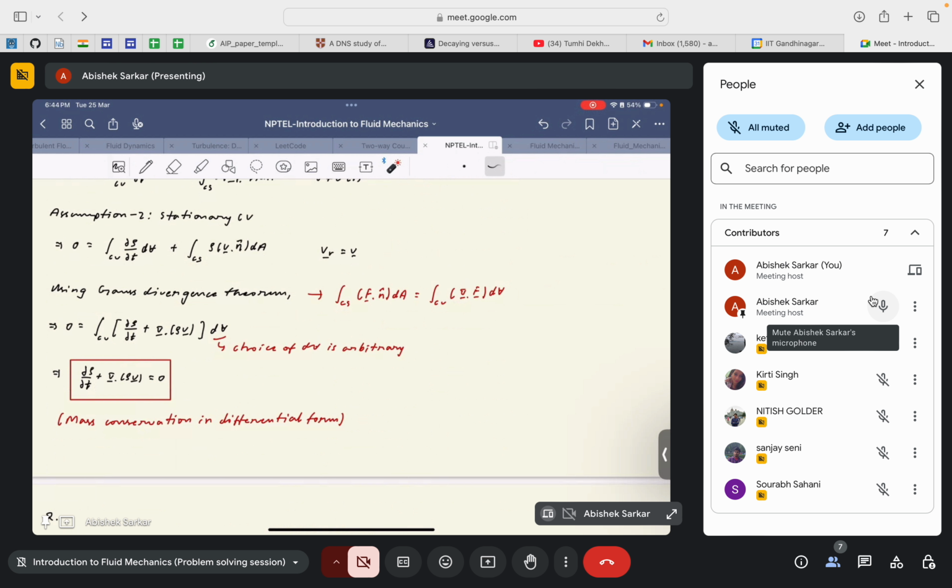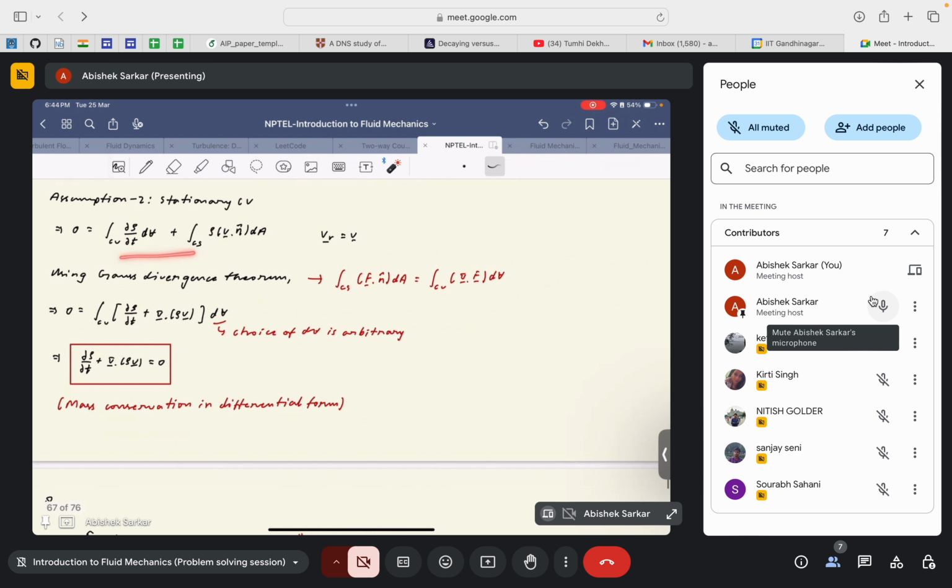Then using that identity, we can replace this surface integral by a volume integral. If we do that, we can write this equation as this one, where we have now taken a common volume integration across both the terms, because the integration is over the same control volume. That's why we can sum these individual terms together and then take the integral.